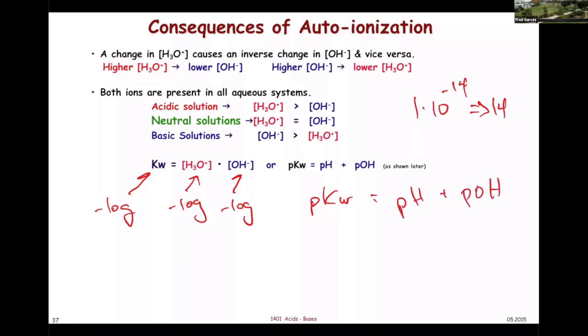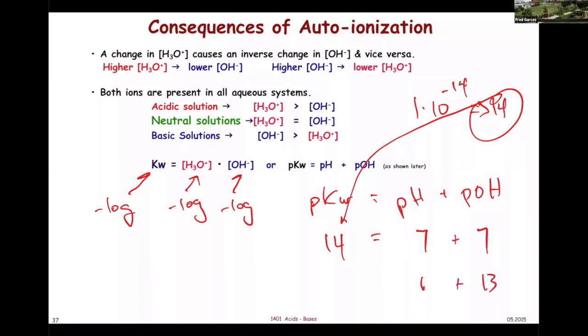So we know that at neutrality, when Kw is 1 times 10 to the minus 14, this is 7. This is also 7. Guess what? 7 plus 7 equals 14. So you know that if your pH is 1, your pOH has to be 13, because 1 plus 13 equals 14.